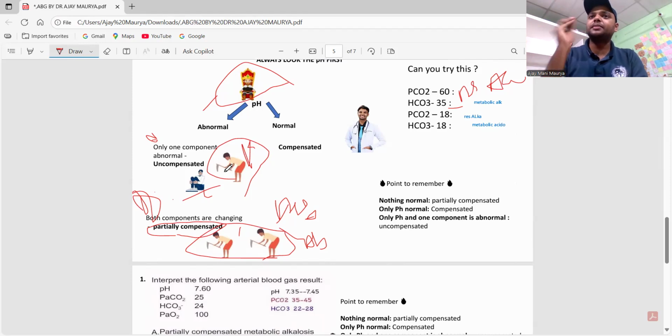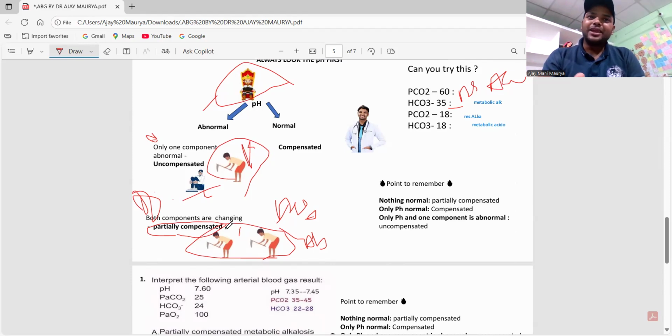You did some part of it, a great job, like 75%. See here, these two are working hard, but still the pH is not normal. So they are still doing a good job only, partially, no result, only moderate work.